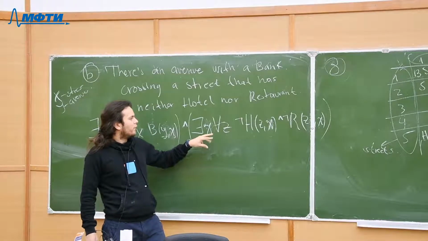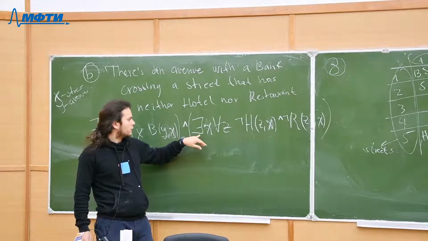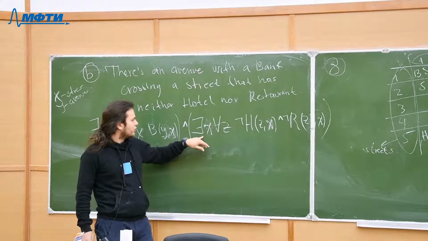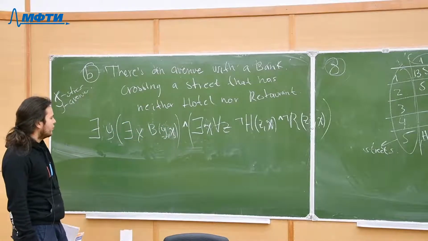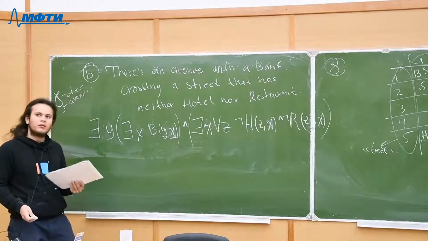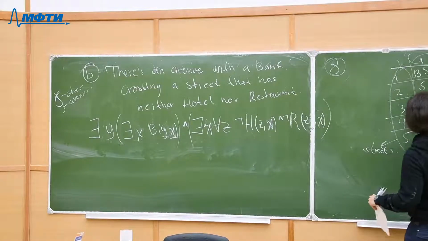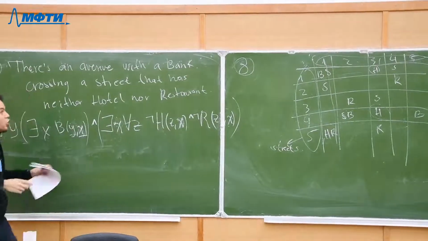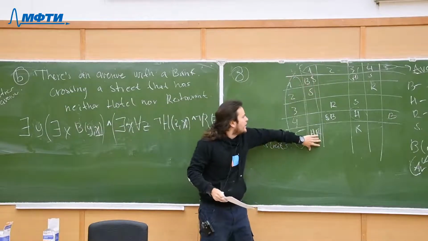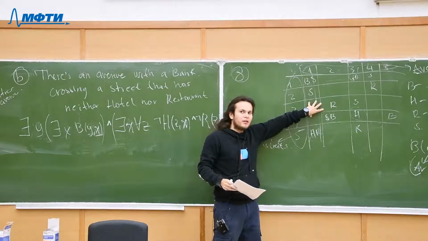What do you mean? For every street? No, because we have fixed the street. So we have an avenue, we have fixed an avenue, and then we found the bank, and we fix the street in which the bank is.